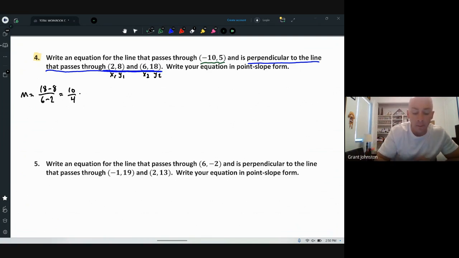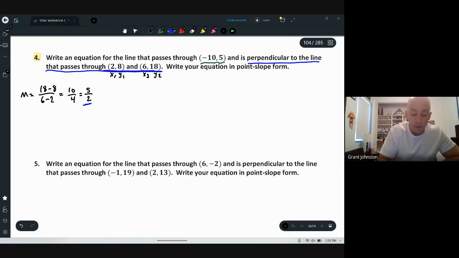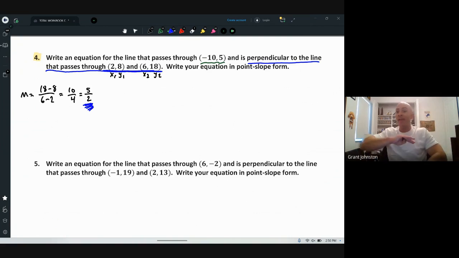So this is going to simplify to 5 over 2. So this is the slope of the line that goes through 2, 8 and 6, 18. But we want a line that's perpendicular to that. So the perpendicular slope of 5 over 2 would be negative 2 over 5.